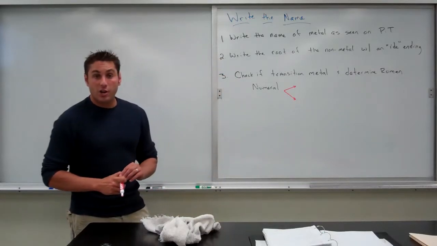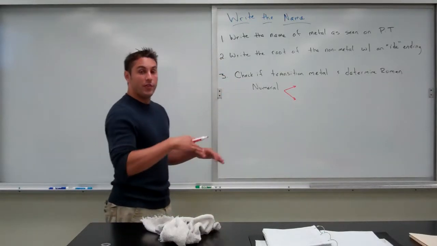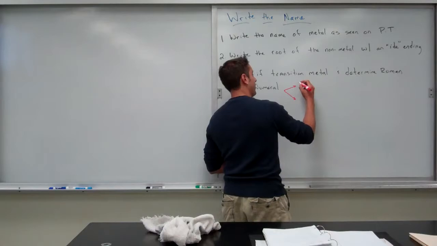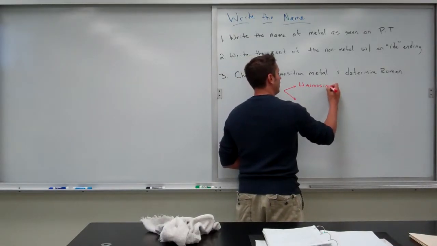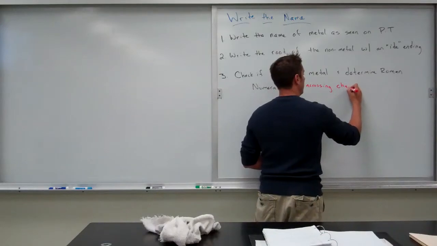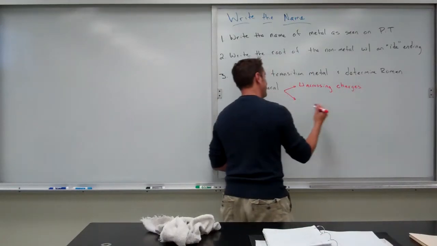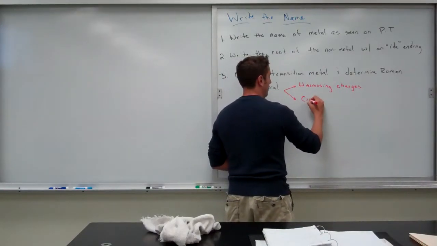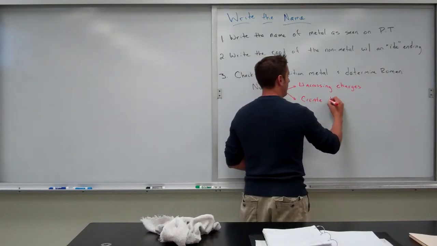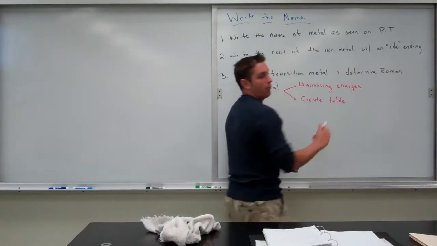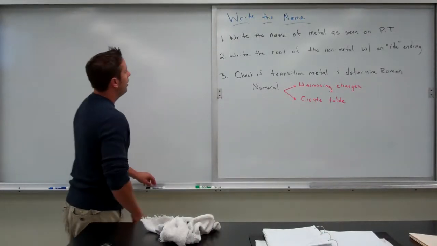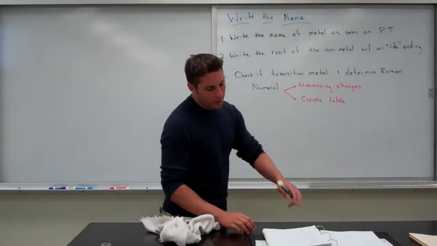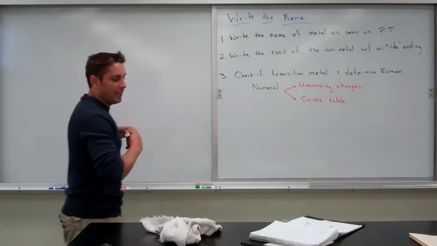If we determine that it needs a Roman numeral, there's two things we try. The first thing we try is uncrossing the charges. And then the second thing we do is create a table that will allow us to figure out the Roman numeral. All right, so we'll leave those right there, and now we'll take a look at a couple different examples.